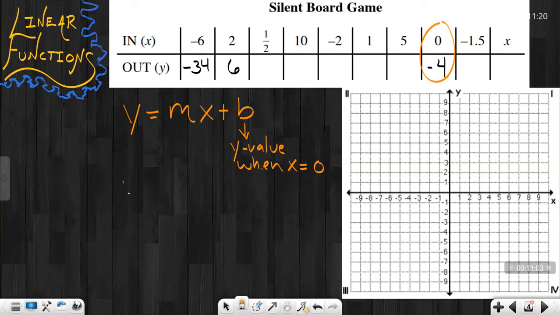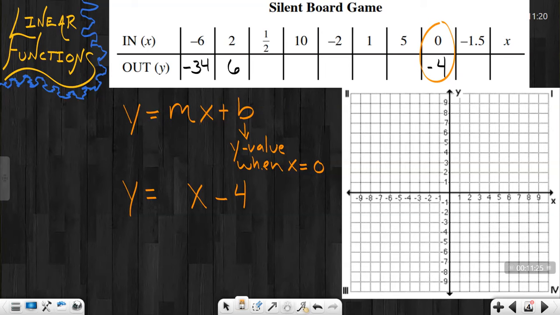So in this case, right away, I know that y equals something times x minus 4. Because I know that when x is 0, y is negative 4, the only way to get from 0 to negative 4 is to subtract 4. I can't multiply 0 by anything to get to negative 4 because anything times 0 is 0. All right, that's the multiplicative property of 0. So in this case here, that's where I start.